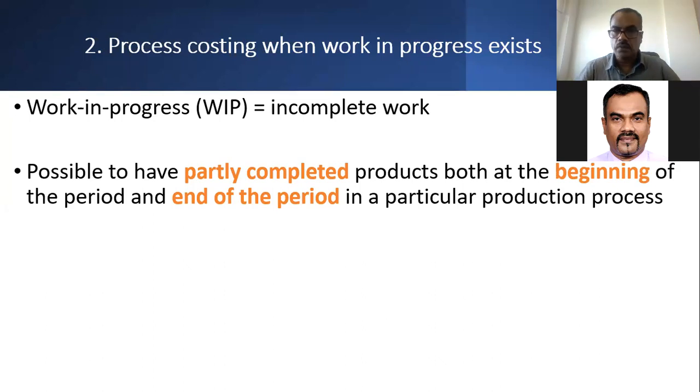Okay, I hope that now everything is all right. We'll start from the place where we stopped. We talked about process costing, and a special situation arises when processes generate incomplete works, which we call work in progress.